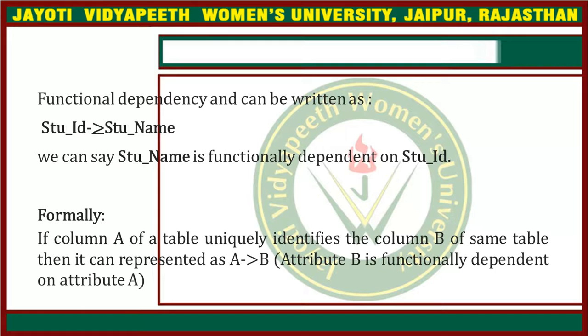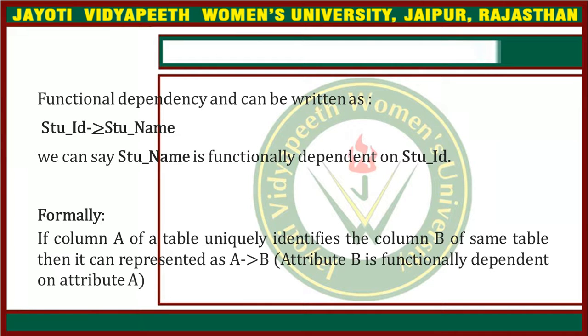Now, functional dependency can be written for this example as studID to studName. That means we can say studName is functionally dependent on studID.